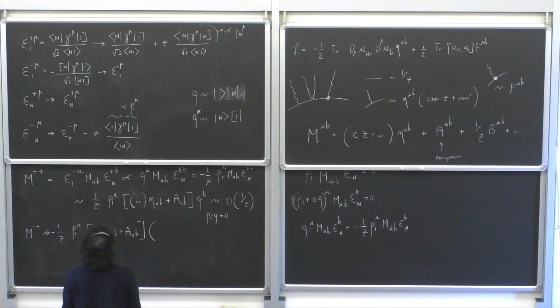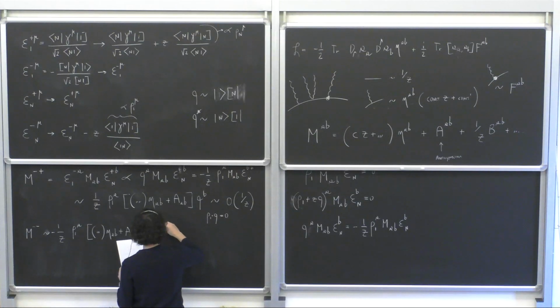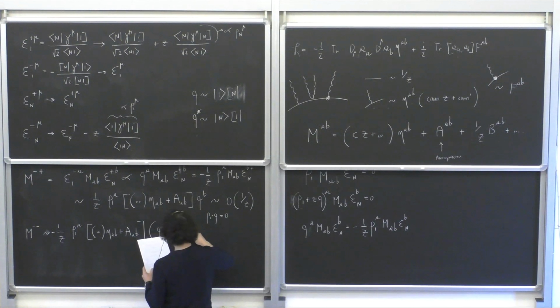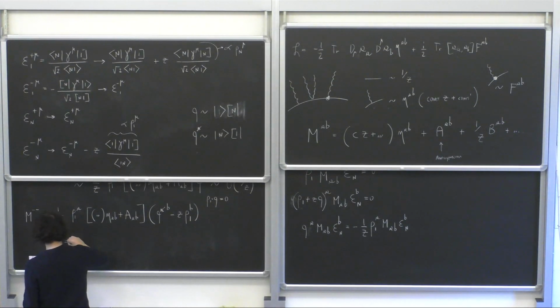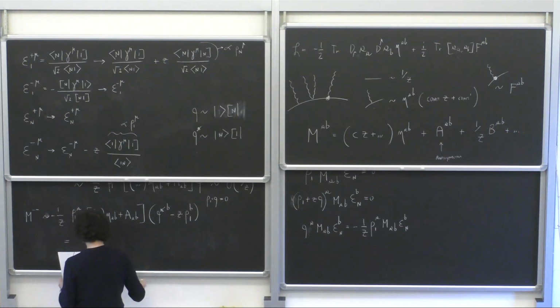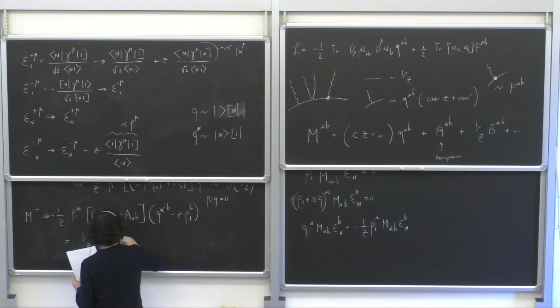The minus polarization, epsilon minus, has a term proportional to Q, the complex conjugate, so Q star B, minus complex parameter P1, that term over there, B. So here we actually get that this is equal, again, to 1 over the complex parameter P1A, AB, Q star B, Q complex B.